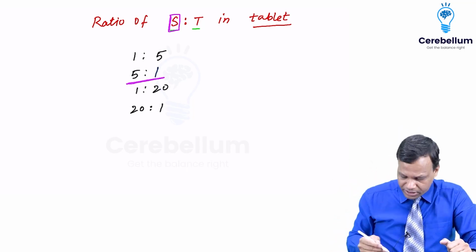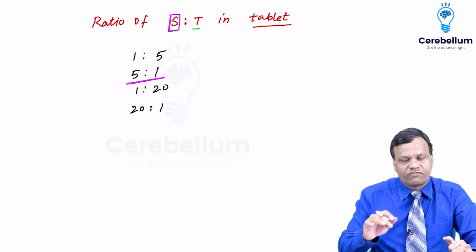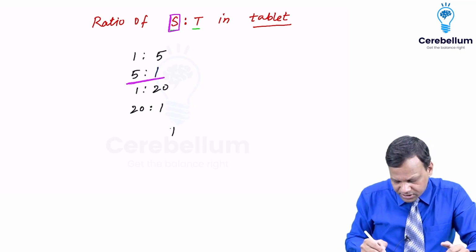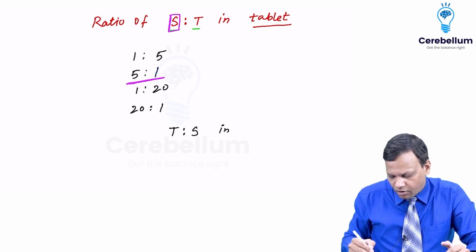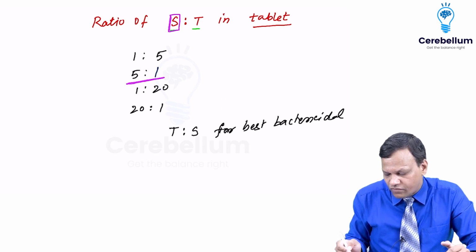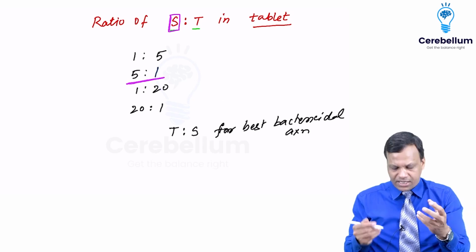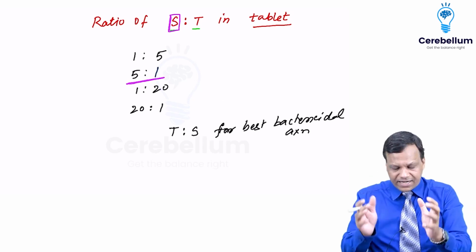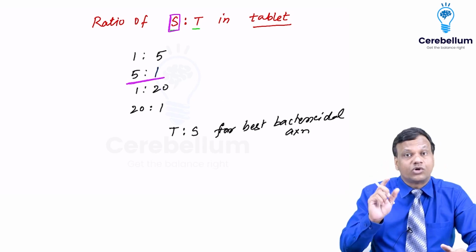Okay. Now a second question can be asked: what is the ratio of trimethoprim to sulfamethoxazole for best bactericidal action? What ratio do we want for best bactericidal action? For best bactericidal action, we want the ratio as 20 is to 1.